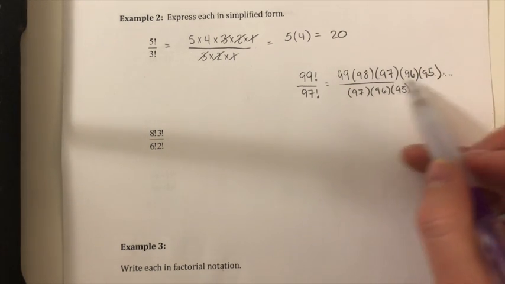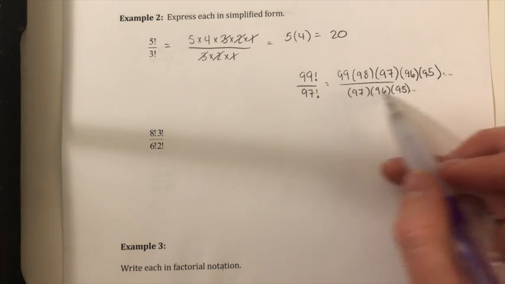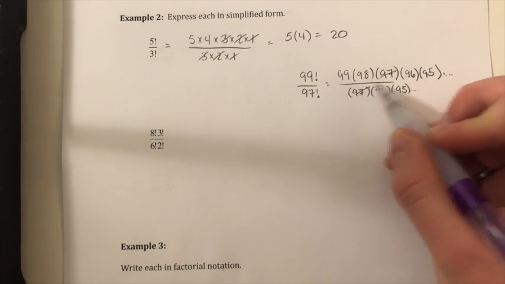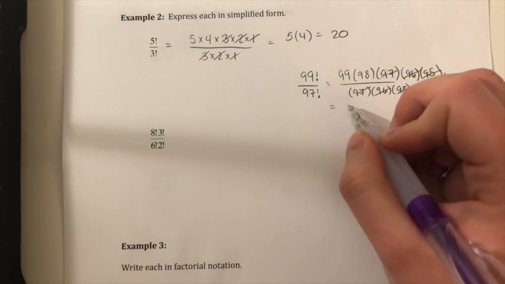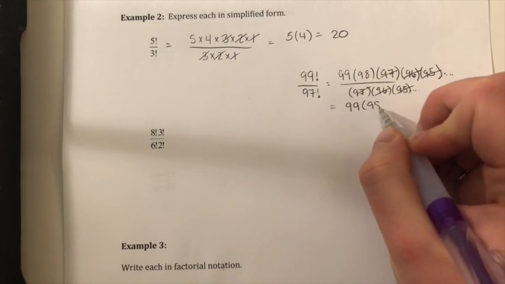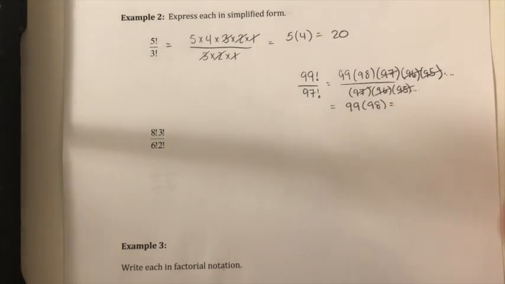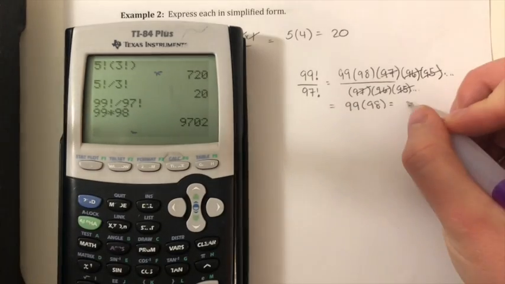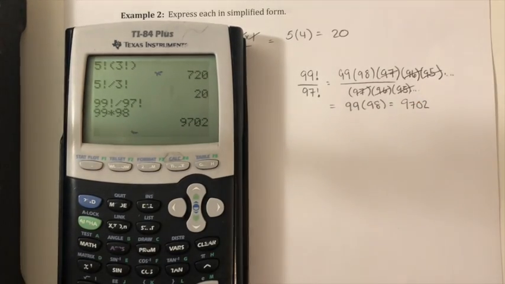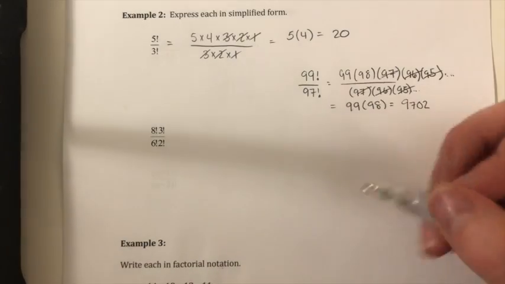So from 97 onwards, all of these are going to be the same. The 97s would cancel, the 96s would cancel, the 95s would cancel, and we would just be left with 99 times 98, and that's something that we can very easily put into our calculator and get a number for that's not going to overflow it. Okay, so that's worth knowing how to do.